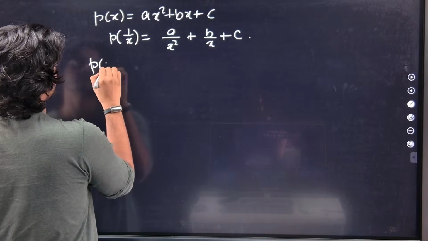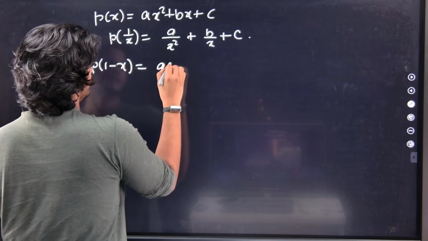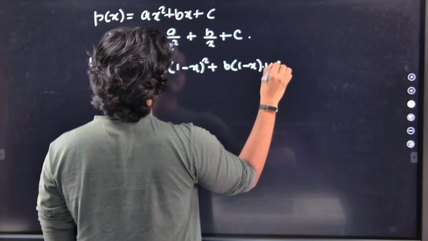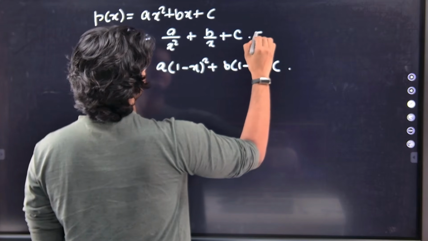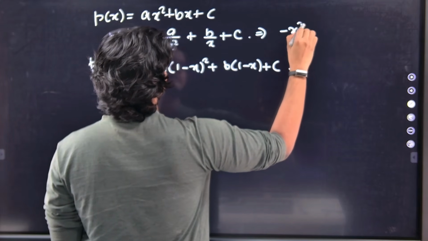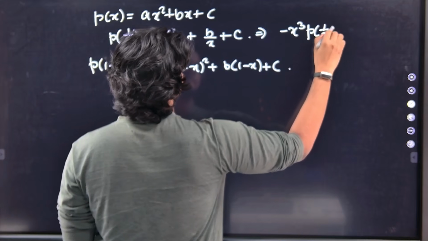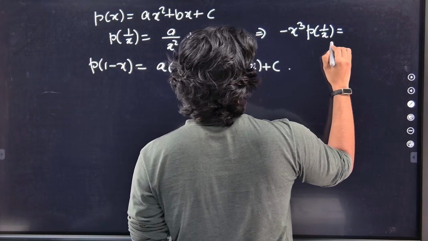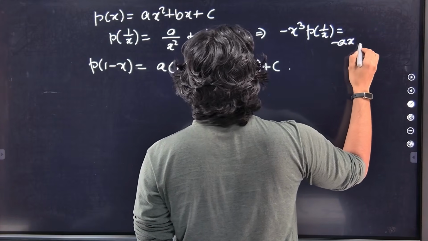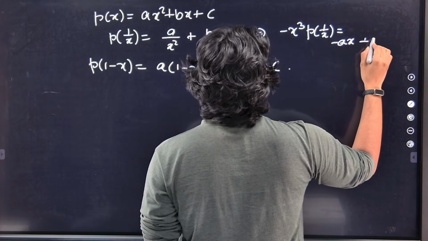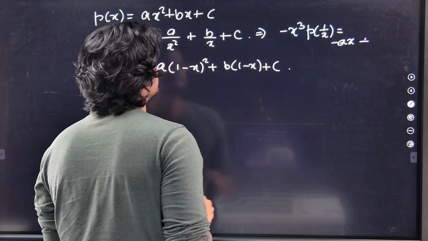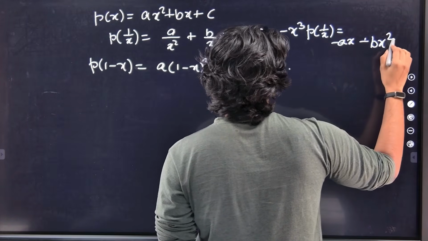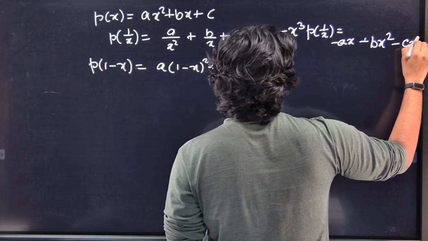And P of 1 minus x is a(1 minus x) whole square plus b(1 minus x) plus c. So first of all, I also want to find minus x cube P of 1 by x. That would be minus ax minus bx square, minus cx cube.